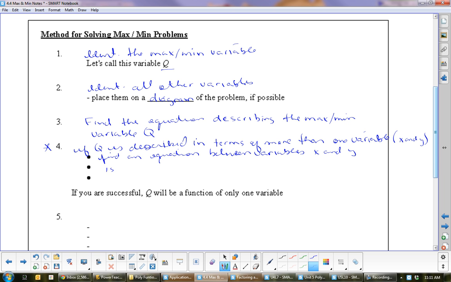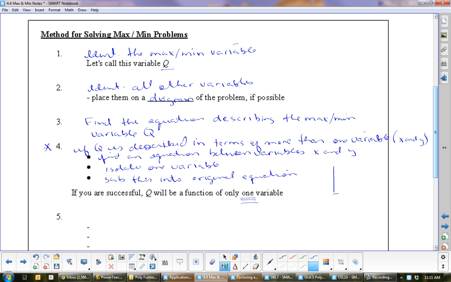And then you want to isolate one variable and sub this into the original equation. If you're successful, Q will be in the function of only one variable.